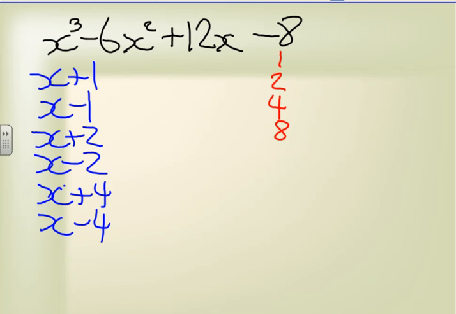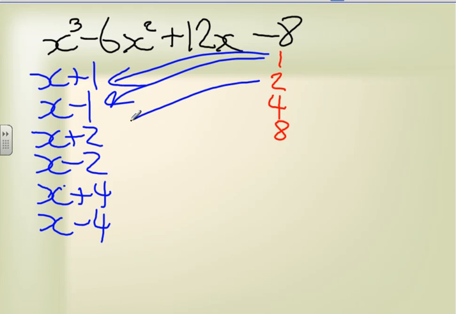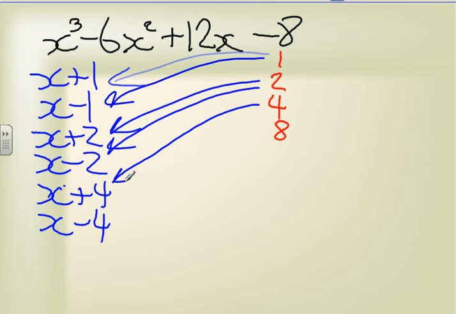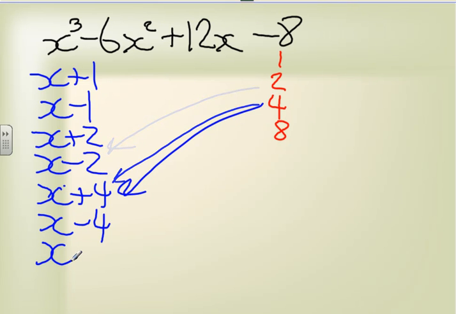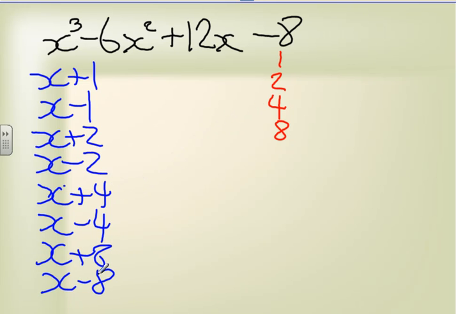I took each of these and I did a plus and minus version of it. Oh, and it looks like I missed a couple. I should have x plus 8, x minus 8. Now if I were solving that equation, I would need to try each one of those until I found all the factors of my equation.